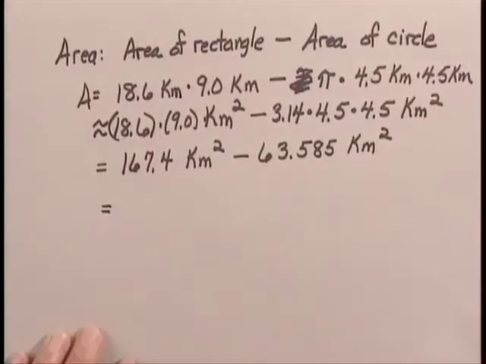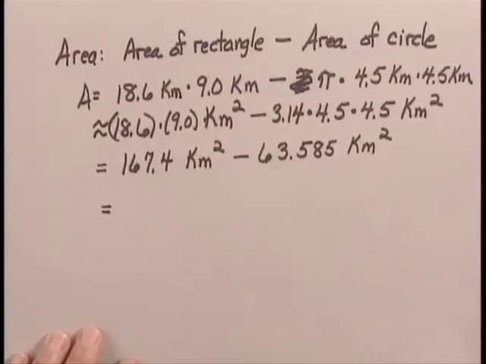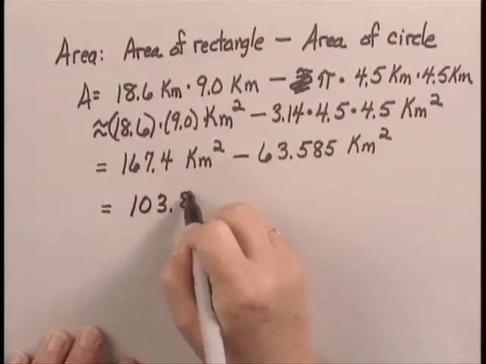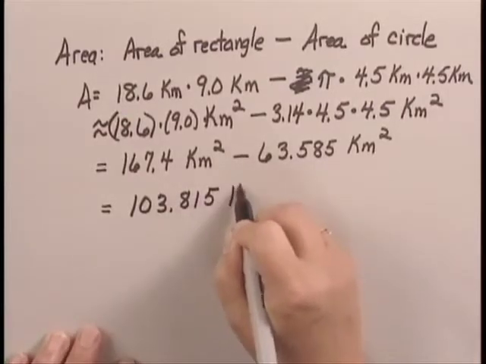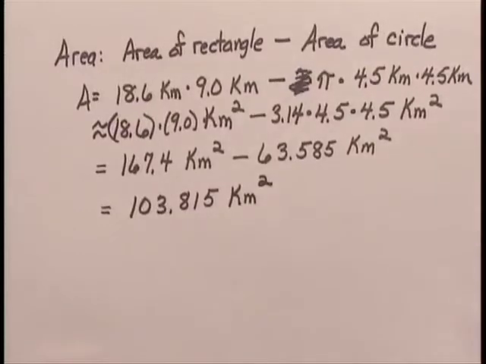And finally, I subtract 167.4 minus 63.585, and I get 103.815 square kilometers. So the area of the shaded region would be 103.815 square kilometers.